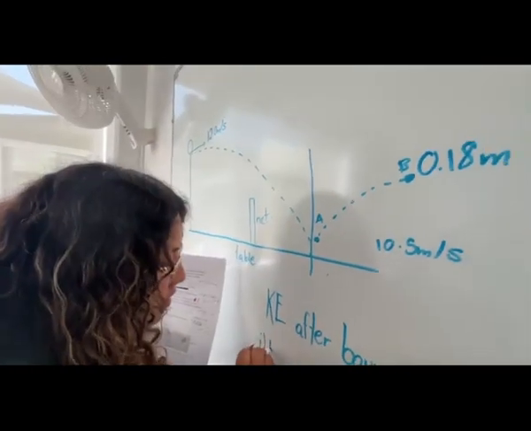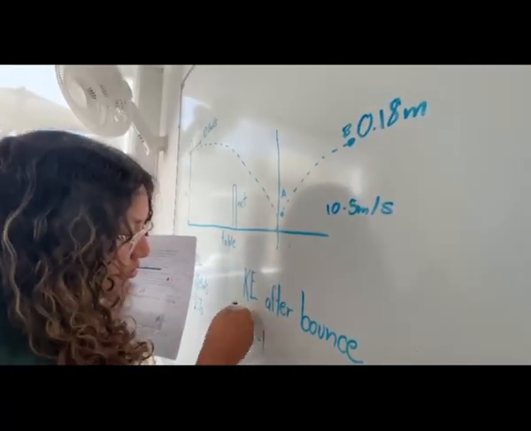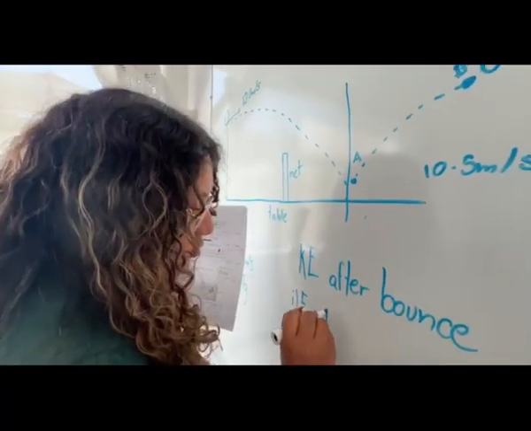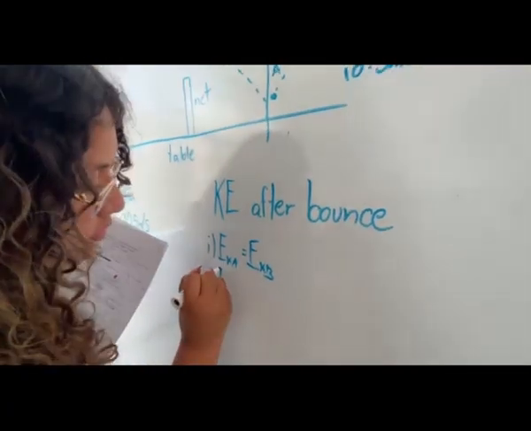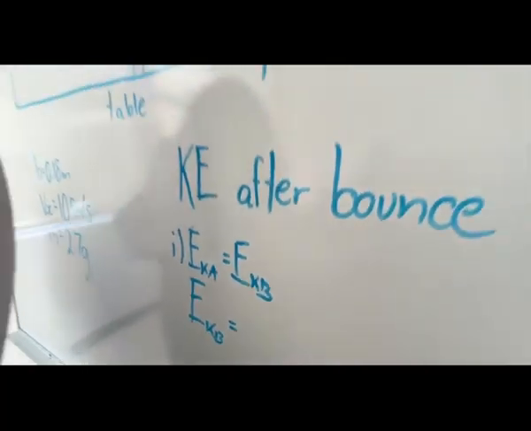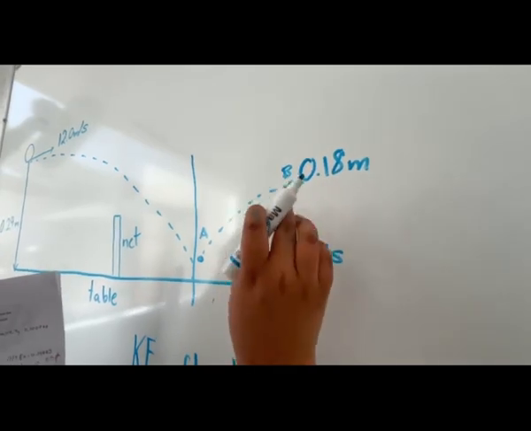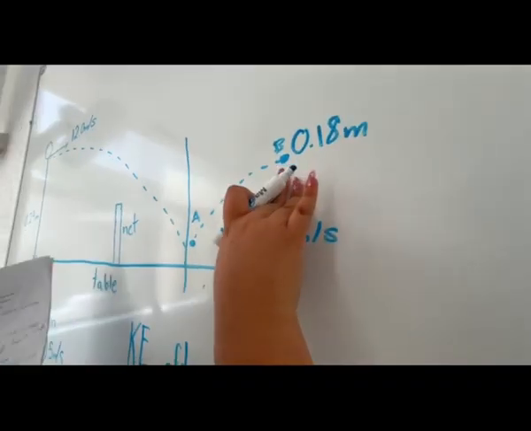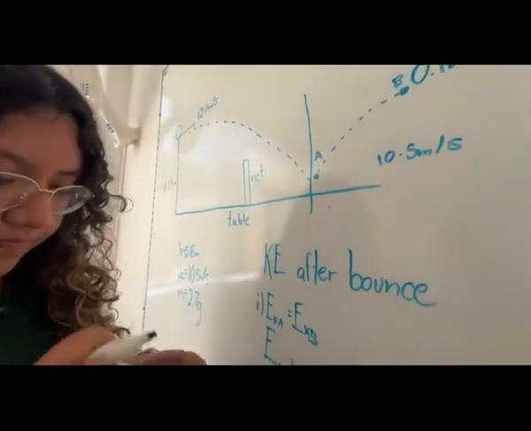So the energy of A is equal to the energy of B. For B, we know that here we have potential energy and kinetic energy. So we're going to do the math.